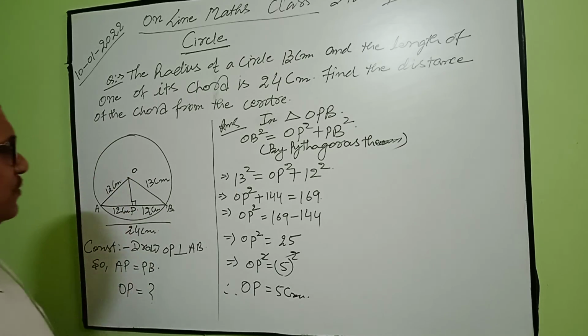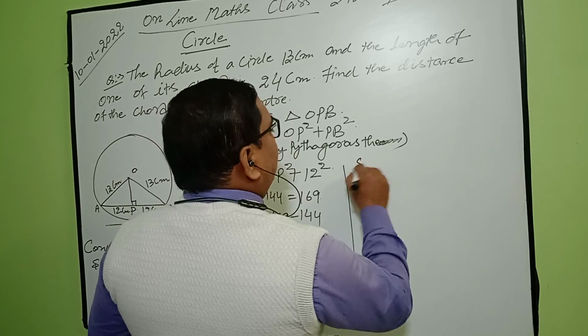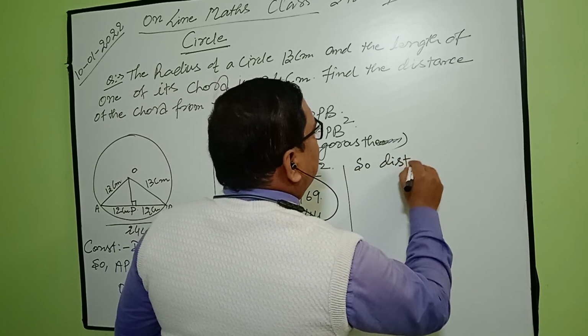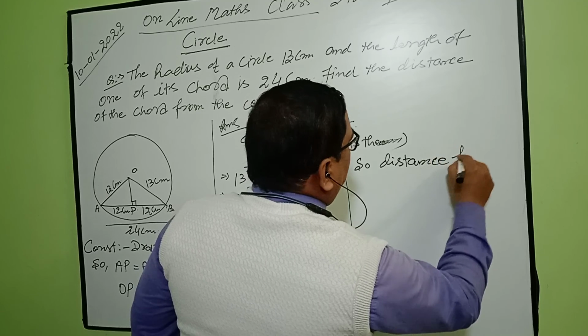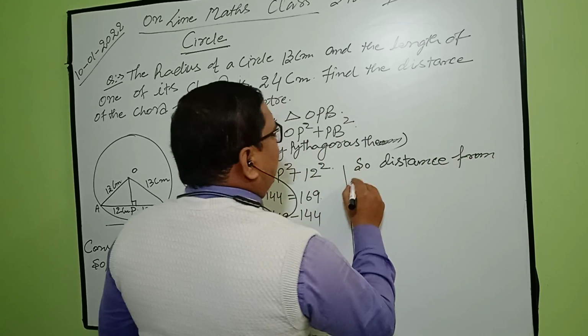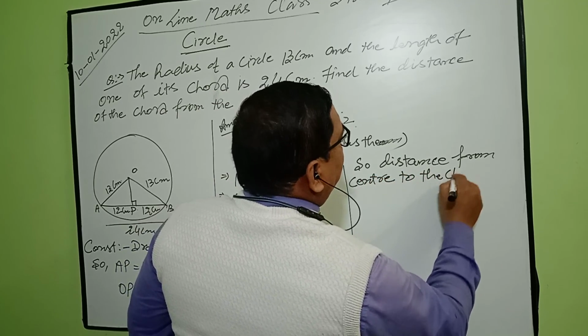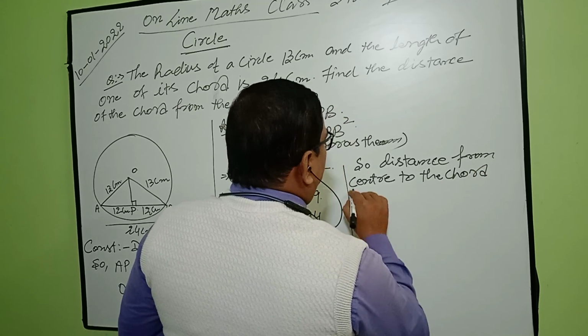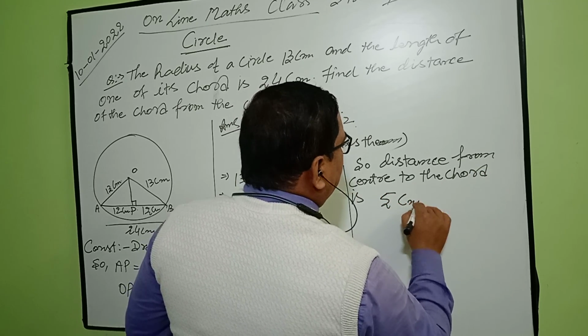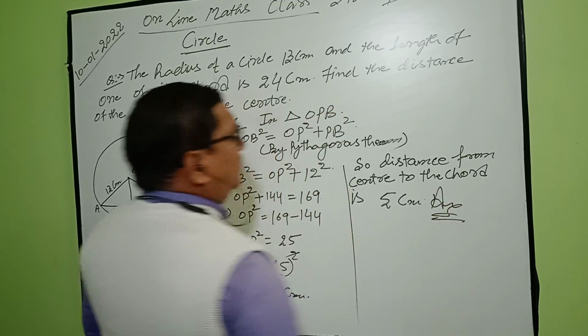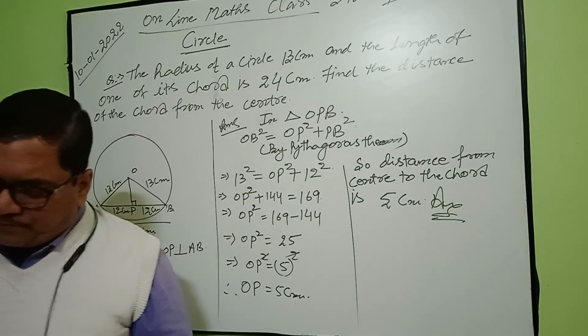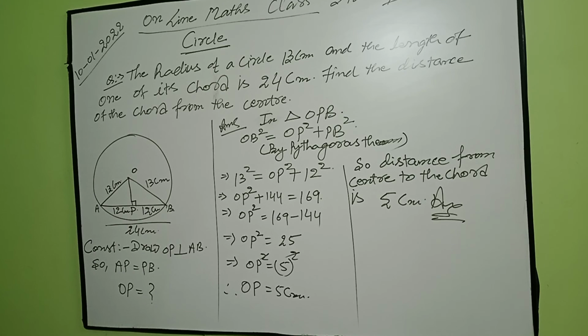So the distance from center to the chord is 5 centimeter. Okay. So the distance from center to the chord is 5 centimeter.